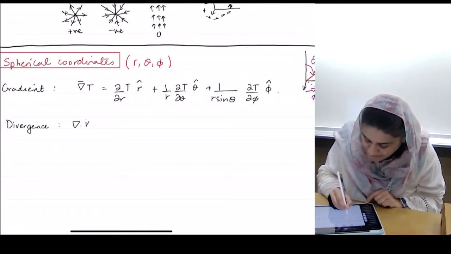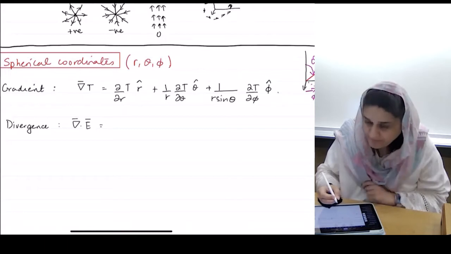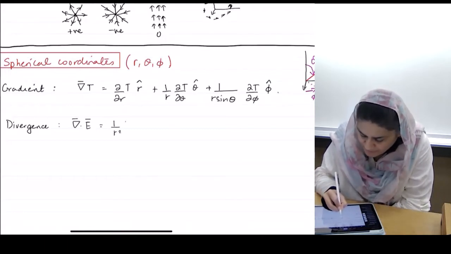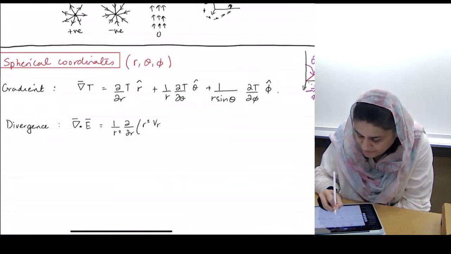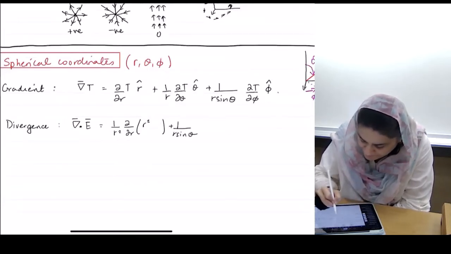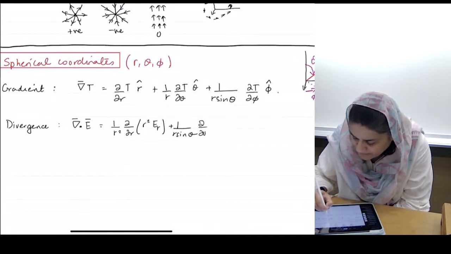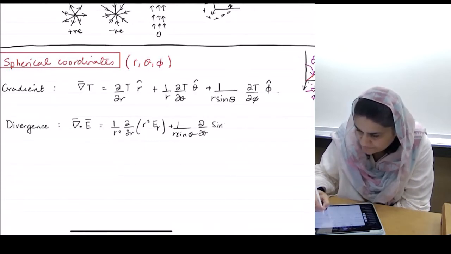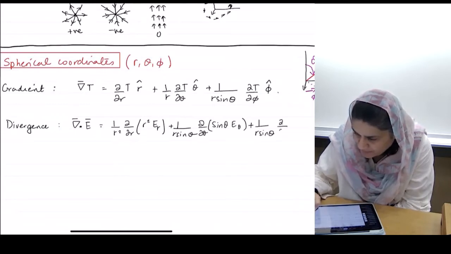The dot product, and I called it E. And that will be 1 over r squared partial over partial r of r squared E r, plus 1 over r sine theta partial over partial theta of sine theta E theta, plus 1 over r sine theta partial over partial phi of E phi.